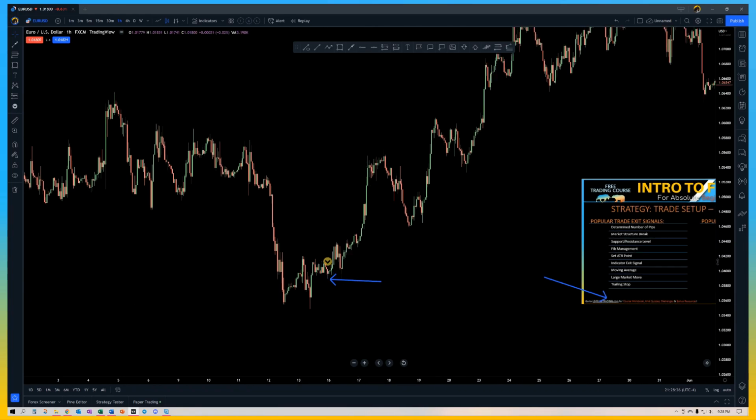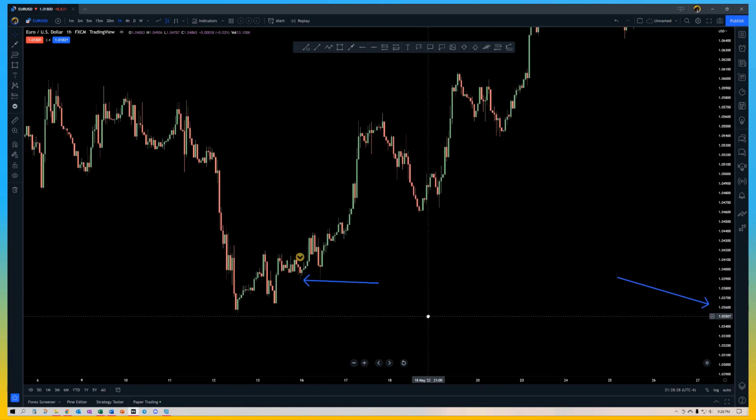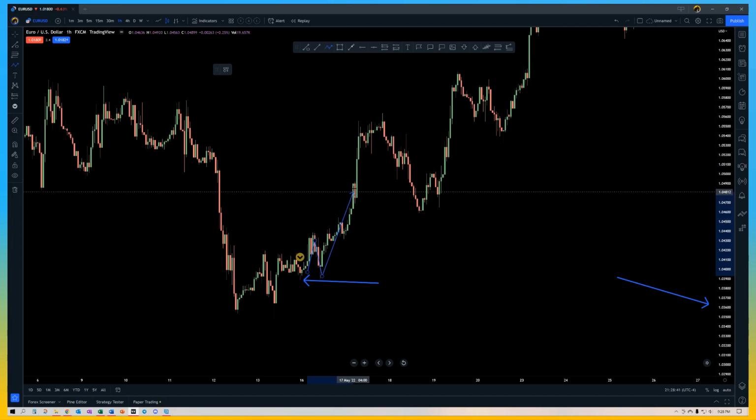Well, I have seen large market movements traded in such a way where you would ride this trade all the way up until you saw these big institutional candles like this, and as soon as that candle closed, you would exit.